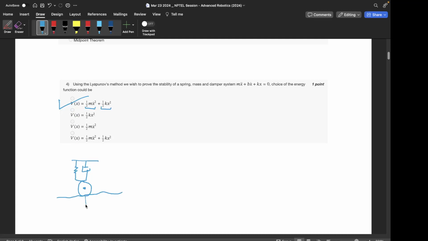There are some forces coming here, and the function of this spring damper system is to reduce the forces experienced by the passengers, right? So these are systems in which there is an external force acting on the spring mass system, and it's not just the free spring mass system doing its natural oscillations. In most practical applications there will be an excitation, some external force or some external displacement also.